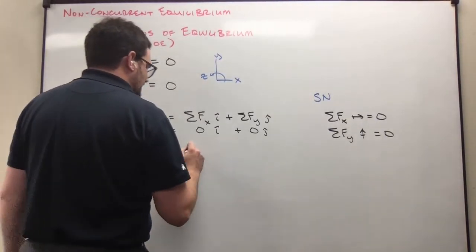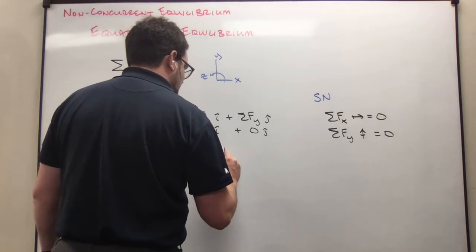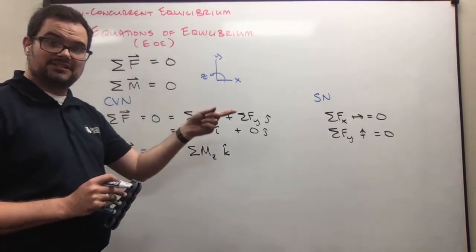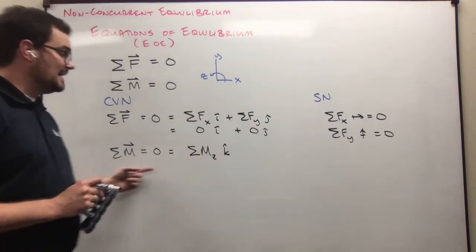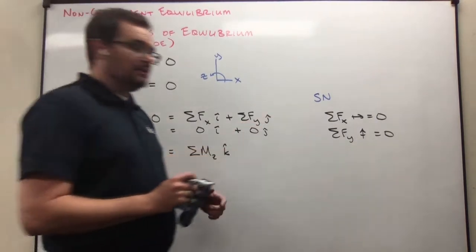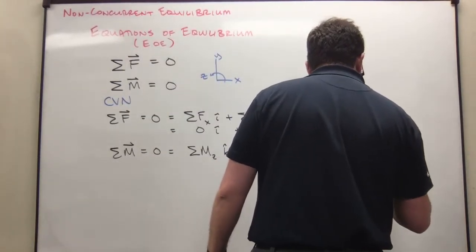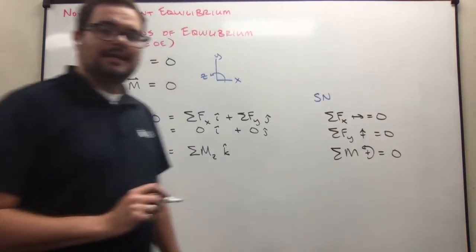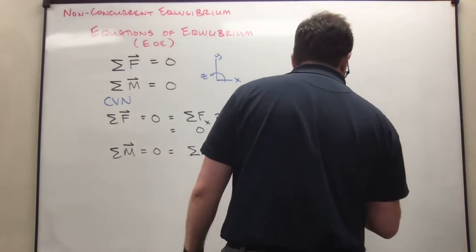So it turns out that in Cartesian vector notation, we're going to have the sum of the moments about the z-axis times the k unit vector, because our moments are indicated by the axis they're rotating around, using our right-hand rule. So that's one equation here. In scalar notation, we'd write it something like this. Sum of the moments, and then we draw our positive sign convention, curly arrow for 2D, counterclockwise positive. So our sum of the moments is equal to, yay, 0, nothing rotates.